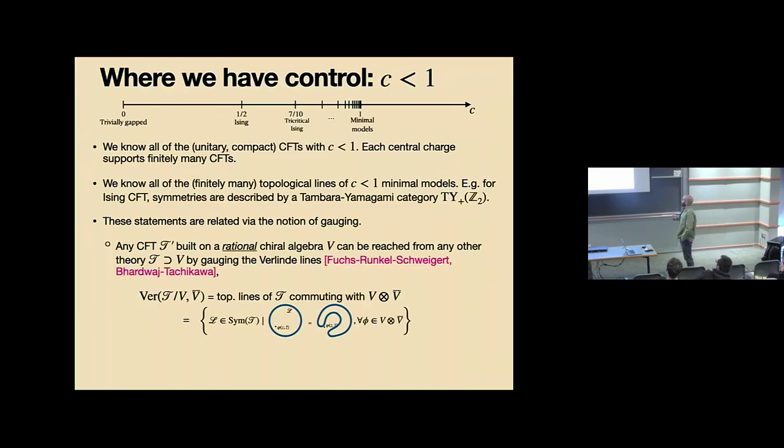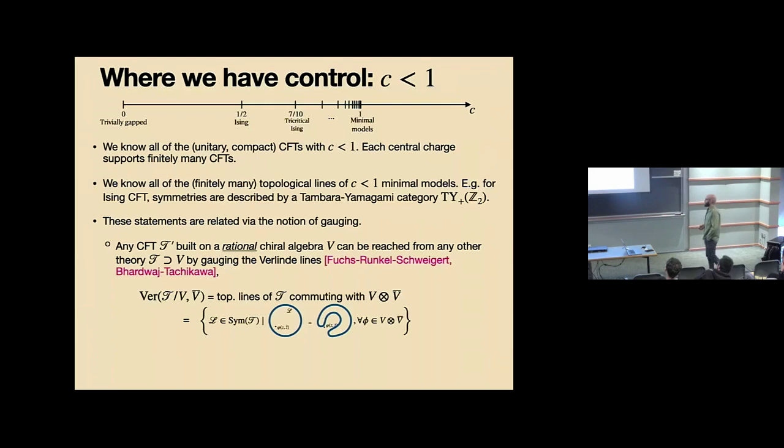If you have a single example of a CFT that's built on some rational chiral algebra V, then it turns out that you can reach all the other CFTs built on top of that same chiral algebra by gauging. And the thing that you gauge is this category of Verlinde lines, which by definition is the category of topological line operators of the theory that commutes with the chiral algebra.